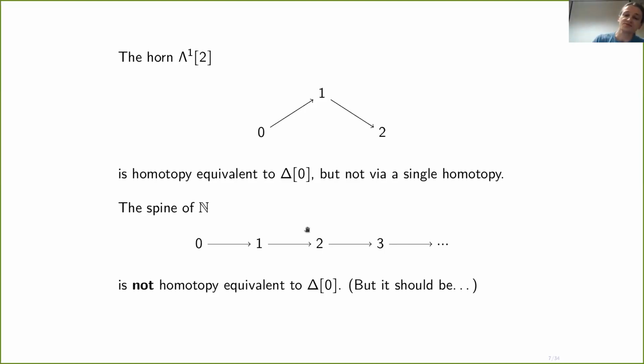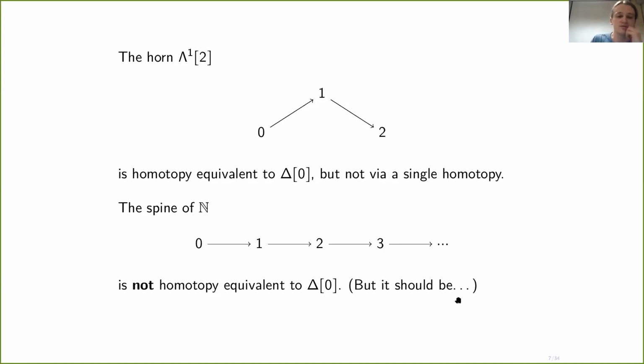On the other hand, this thing should be contractible, because if you think about this topologically, this basically corresponds just to a half-open interval, or just a half of a real line starting, say, from zero going to infinity, and that's contractible.